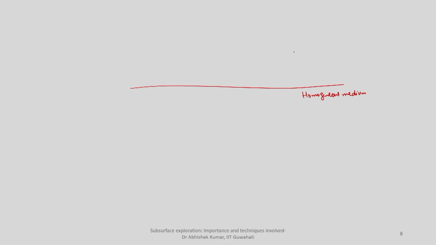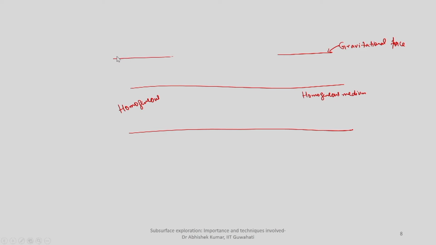So, the gravity, if we go for any kind of measurement, you can call it the gravitational pull or gravitational force at the site of interest. If it is homogeneous throughout the medium at this particular depth, you will be having something like this. Again, this is your gravitational pull.